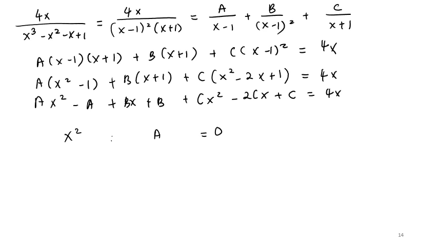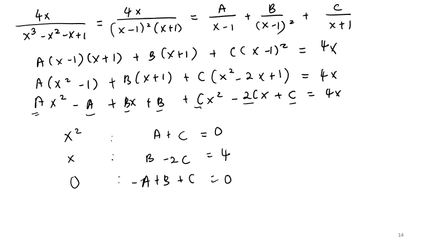Then for x squared, it's equal to 0. The coefficients are A and C, so A plus C equals 0, that's one equation. For x, the coefficient equals 4, and for x it's B and 2C, so B minus 2C equals 4. And for the constant, it's equal to 0: minus A plus B plus C equals 0.